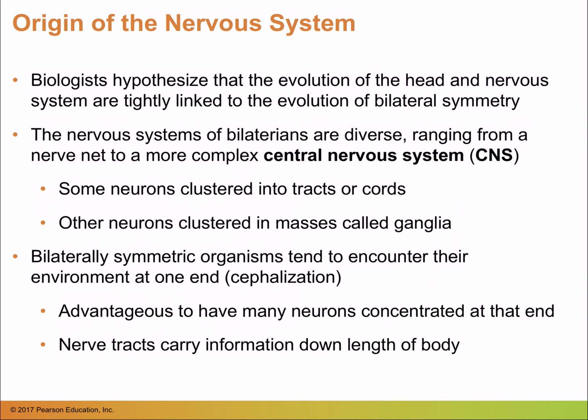It's really advantageous to have many neurons concentrated together. You can get into cephalization, which is the evolutionary step towards getting a more complex brain. And from the central nervous system you get nerve tracts that carry information down throughout the body. So information can be sent out from the peripheral nervous system to the central nervous system and back and forth.